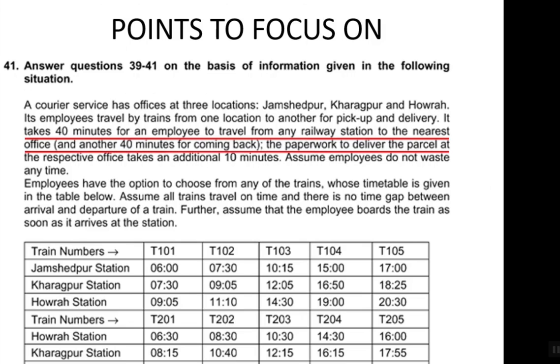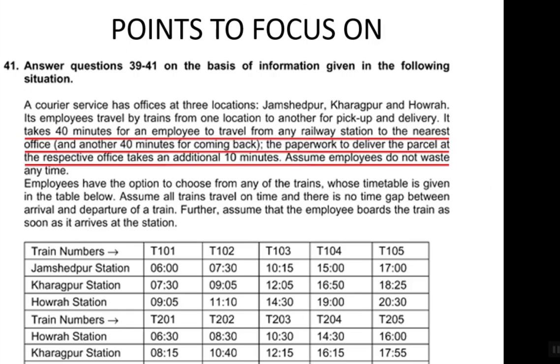Also, he will take another 40 minutes to come back. That means 40 minutes is only one side distance. And he will require another 10 minutes for the paperwork to deliver the parcel. Also, the assumption is that employees do not waste any time in between. So there is no delay, and that 90 minutes is totally fixed.